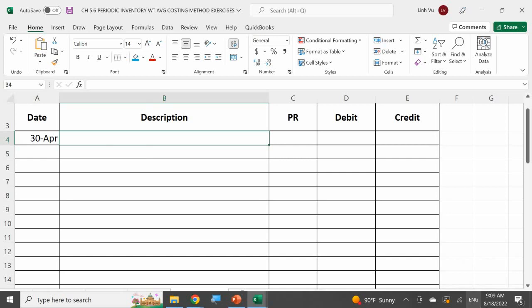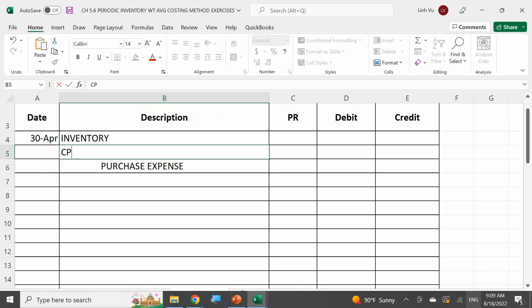Purchase expense. Okay, so purchase expense will be, this is conversion entry. I'm not purchasing my inventory. So in this case, I will be needing to take out from Inventory. Inventory. What else? Cost of goods sold.